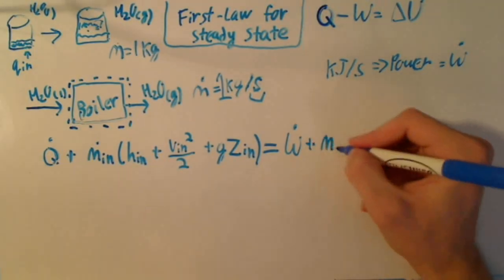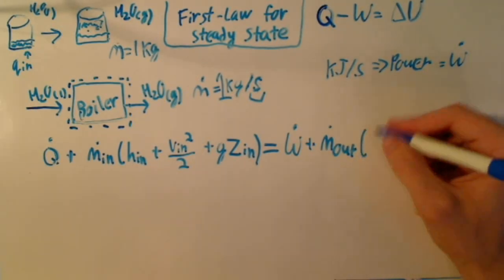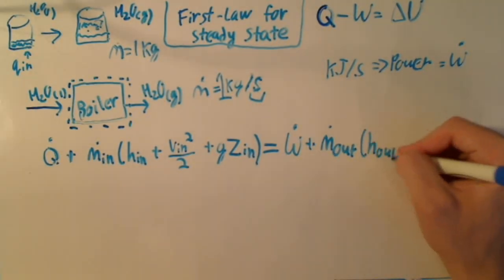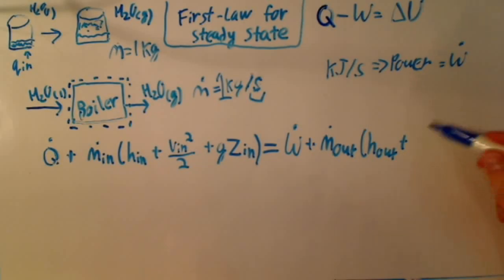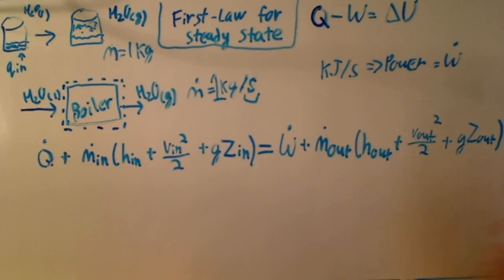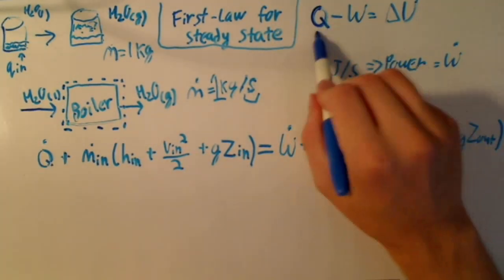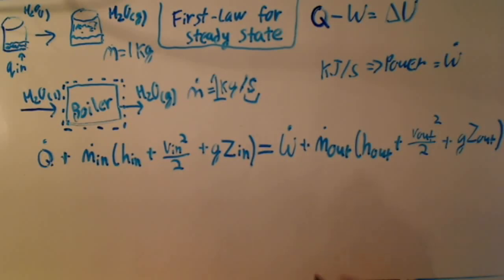plus mass flow rate out times enthalpy out plus velocity out squared over 2 plus gz out. So what does this equation mean? Well, we have the Q and W with respect to time, just like in the original equation.